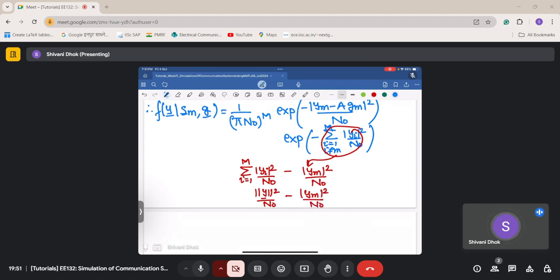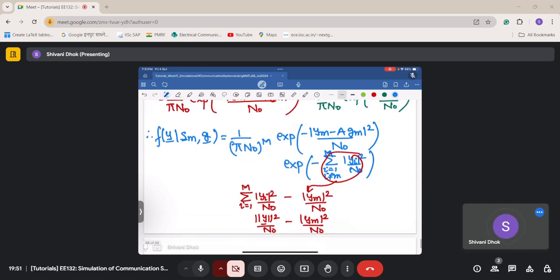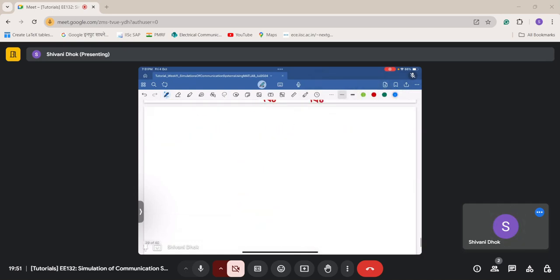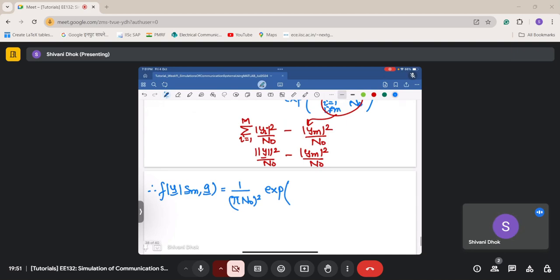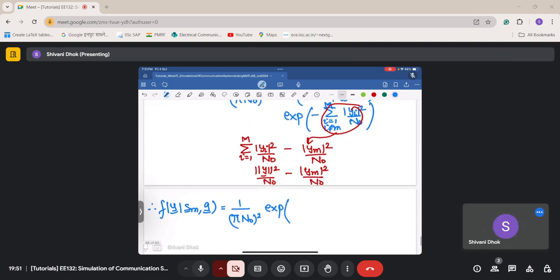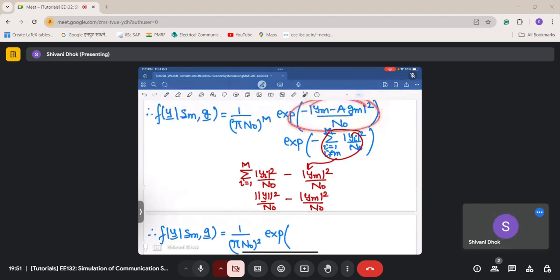So now what I get is something like this. Therefore f of y given Sm comma g is 1 over pi N0 to the power m. I'll combine these two, this one and the ym component.